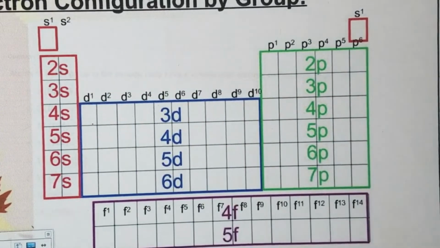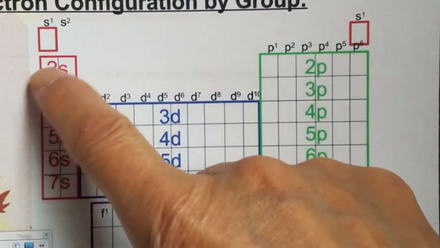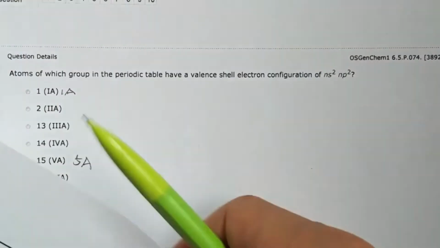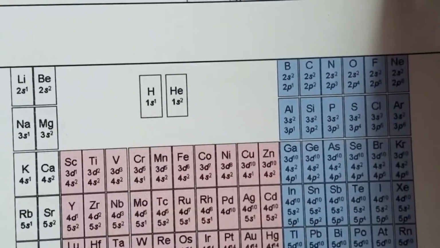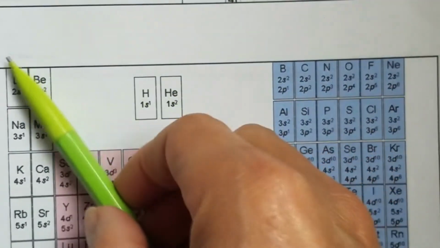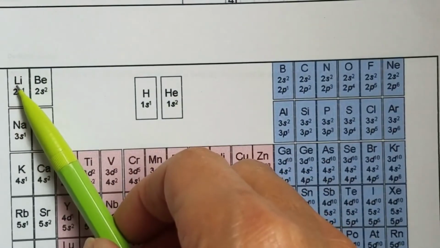Let's take an example. This will be 2s1, 2s2. The first period is not drawn in here, but anyway, this is the second period.